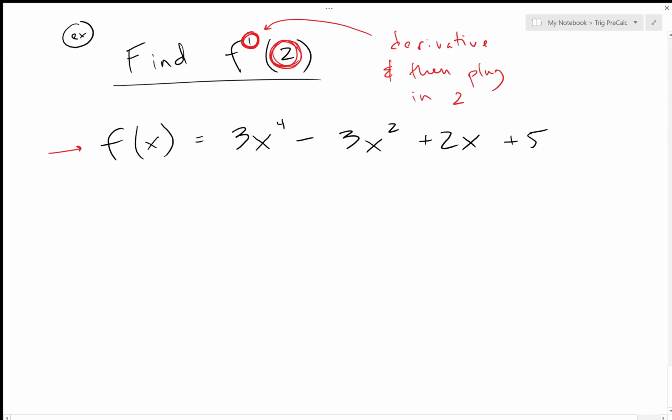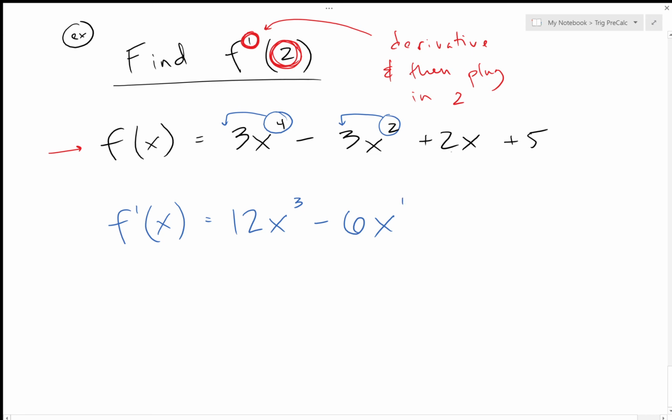All right, so let's find the derivative of this. So f prime of x, the derivative is, all right, so hopefully we're getting good at this. 4 gets pulled down, and we're going to do the math in our heads here. So 4 times 3 is 12, x to the 1 lower, so 3, minus 2 is going to get brought down. 2 times 3 is 6, x to the 1 lower, so it's just a 1.